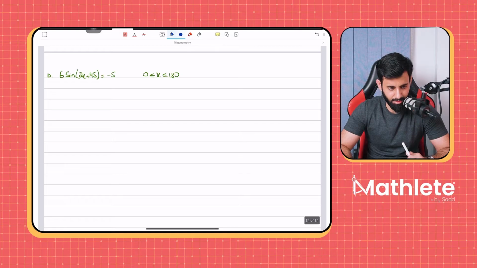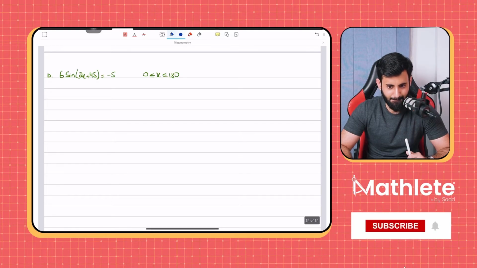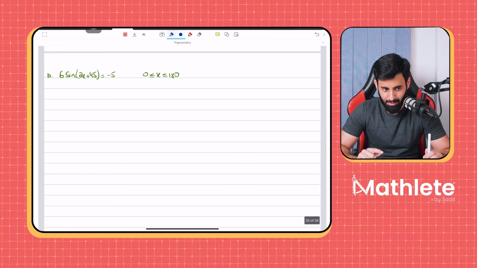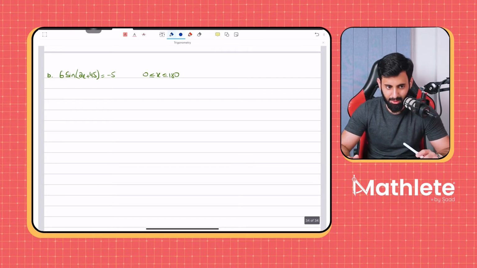Multiply by 2 and then plus 45. Yes, remember, multiply first, then add 45. What happens if I add 45 first and then multiply by 2? Of course we get a different answer, but what's wrong with that?